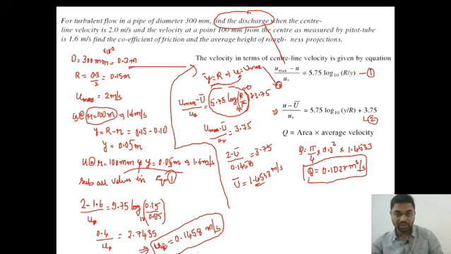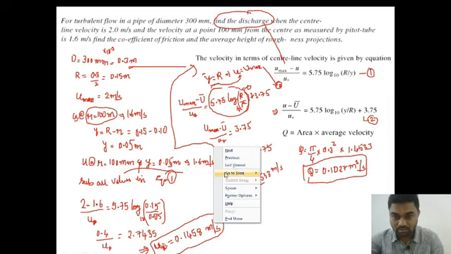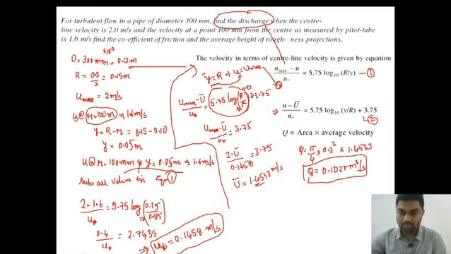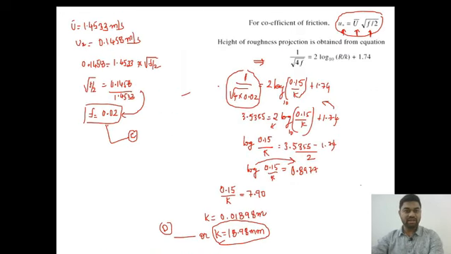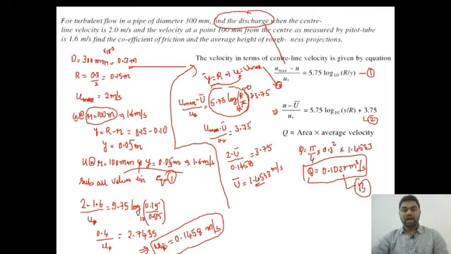A is discharge, which we have found. Discharge is at B, coefficient of friction is C, and D is our average height of roughness projections.